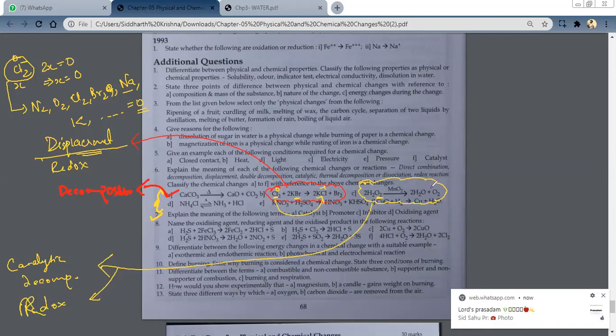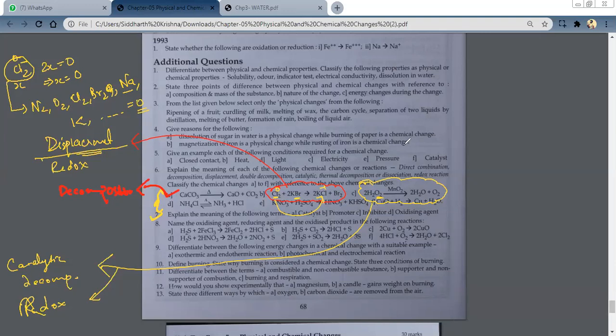Hello, Adrika, can you hear me? Is Adrika there? I think she left. Her connection is loose or something. Okay, Adrita, you tell what is the charge on oxygen in this one?